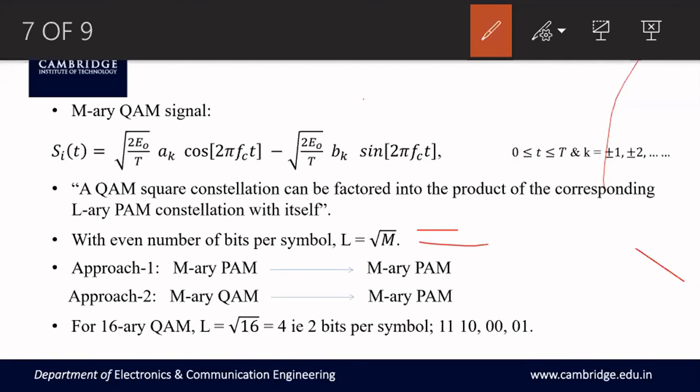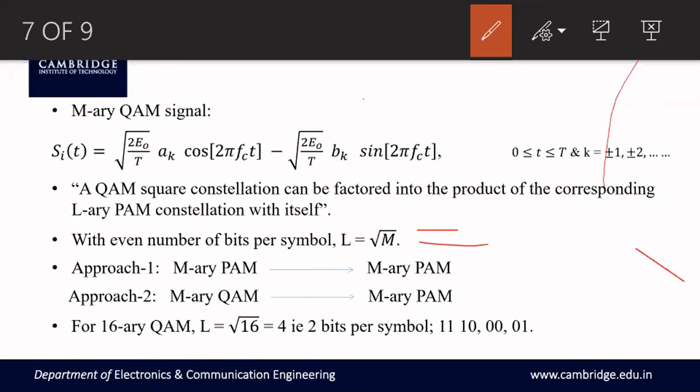Now if you go to 4 symbols, that is Q equal to 4, quadrature, quadri phase shift. If there are 4 symbols, what will you do? 2 symbols will be chosen on the x-axis, 2 symbols will be chosen on the y-axis.